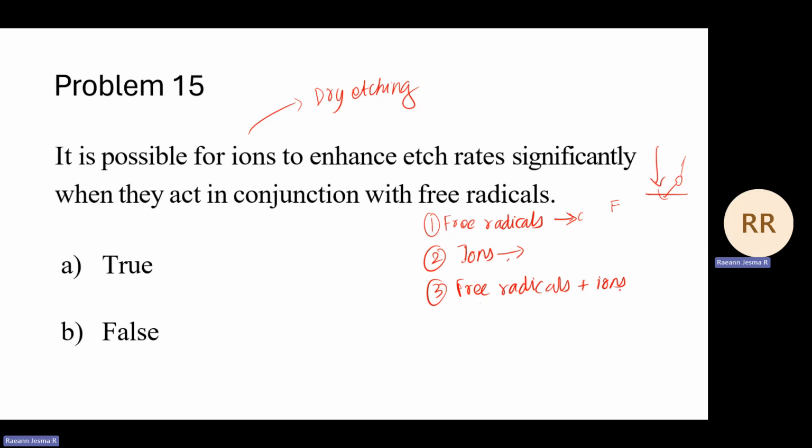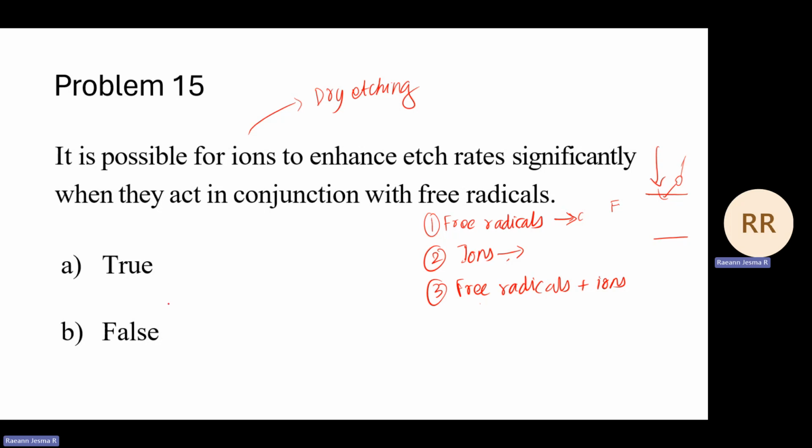In free radicals plus ions, we use a combination of both. Free radicals will be adsorbed on the surface, but in some cases the reaction products may not be volatile, or the reaction rate can be very slow. In both cases, we can use ions to remove the additional material from the substrate.